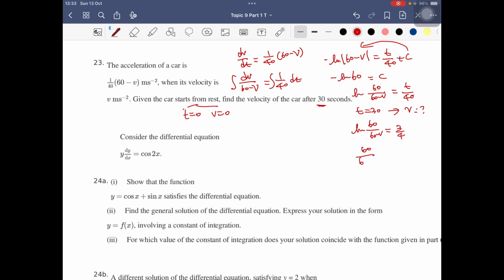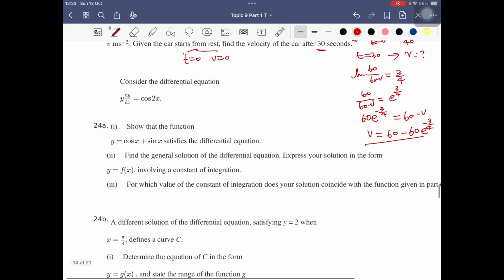So 60 e to the negative 3 over 4 is 60 minus v. So v is 60 minus 60 e to the power of negative 3 over 4.